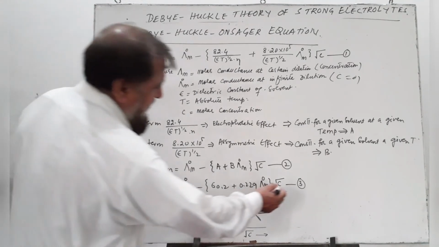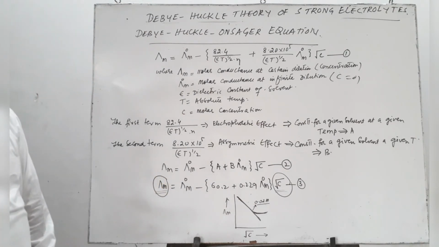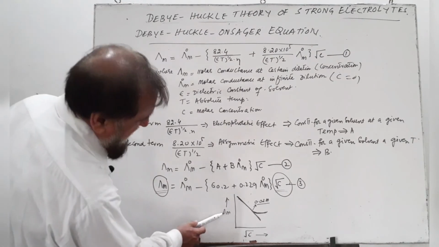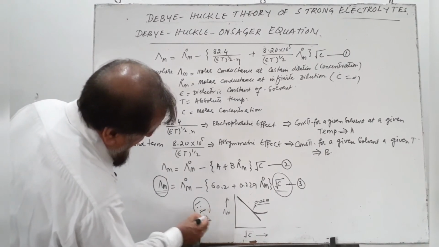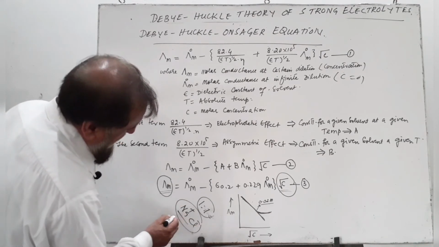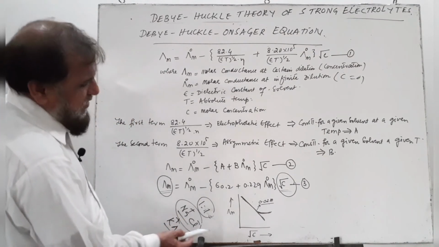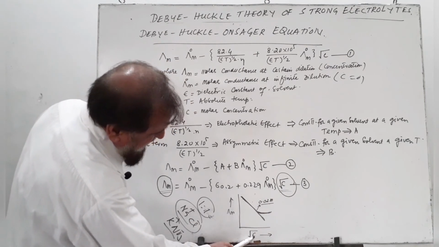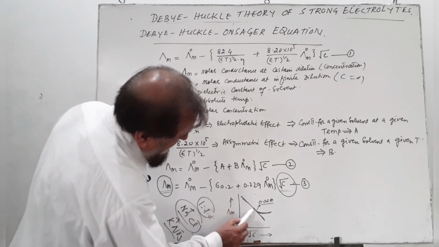If we change the concentration of the solution, the molar conductance will also change. If we change the dilution of the solution, the molar conductance will change. And if we plot a graph for a 1,1 electrolyte, for example, 1,1 electrolytes are those electrolytes which produce univalent ions like sodium chloride or potassium nitrate, if we find out the molar concentration of the solution, and if we determine the molar conductance of the electrolyte and plot a graph, we get a straight line.